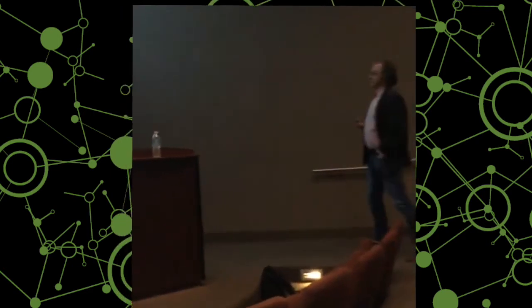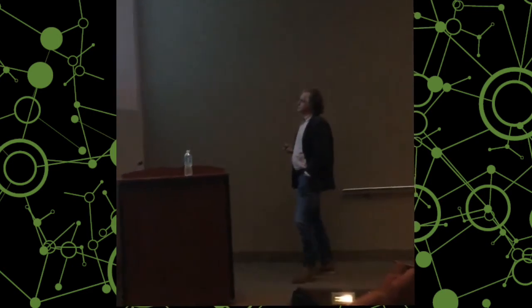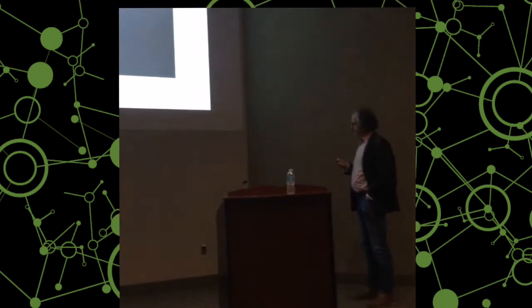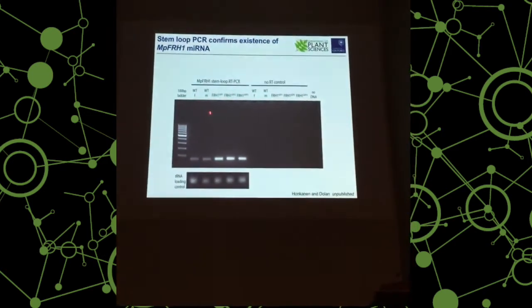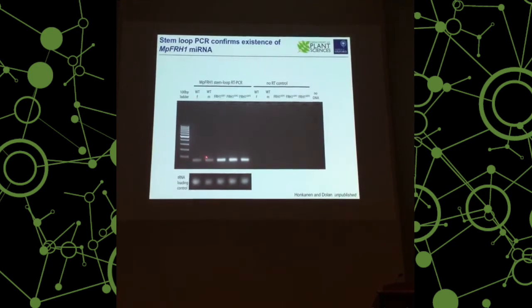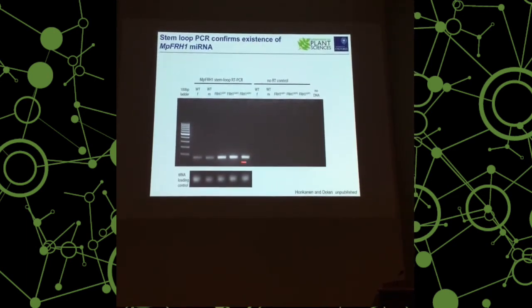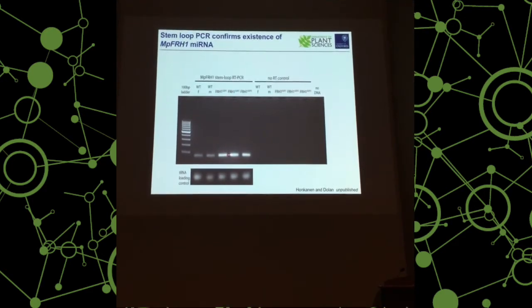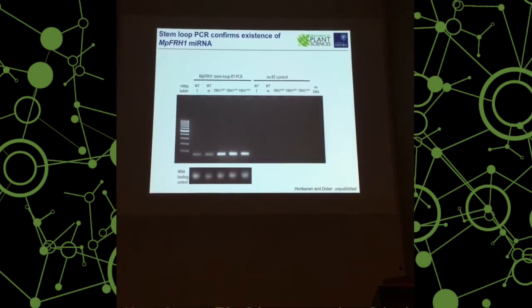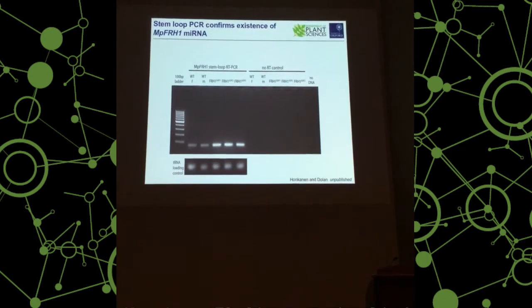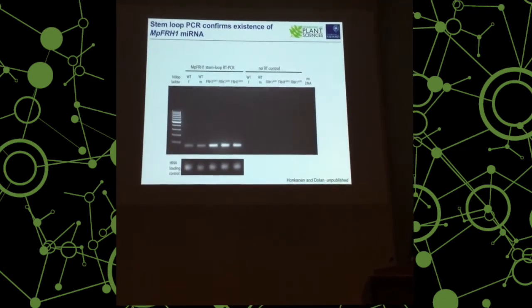So we just wanted to convince ourselves that it was there, so we did some stem loop PCR, and we can detect the microRNA. So here's wild type in the first 2 lanes, and then we can see the expression levels of the microRNA in the gain of function lines. So it looks like it's a microRNA and it's expressed.